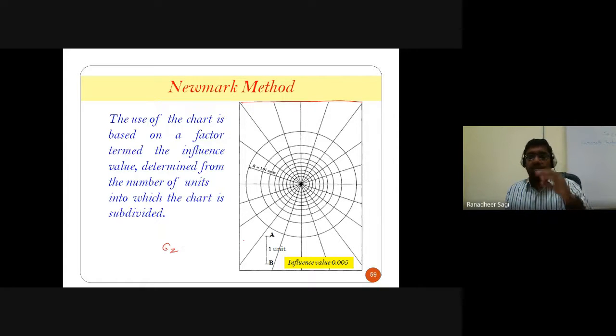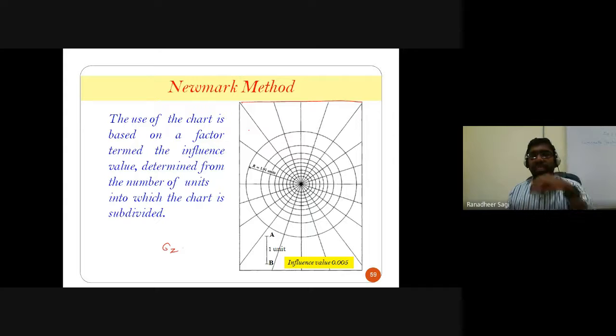So each standard Newmark chart will have a particular influence value. How much is going to be the influence value of the particular Newmark chart I am looking at? How do I know? How do we understand the influence value of a particular Newmark chart? The chart we are looking at is divided into how many elements. If I know that, then I understand the influence value of that chart.